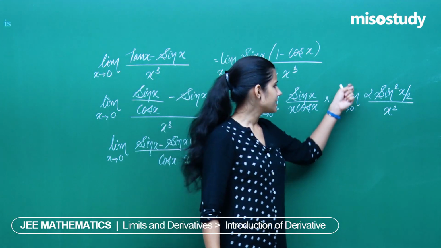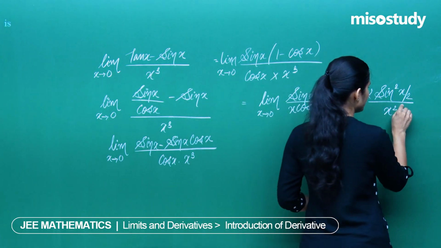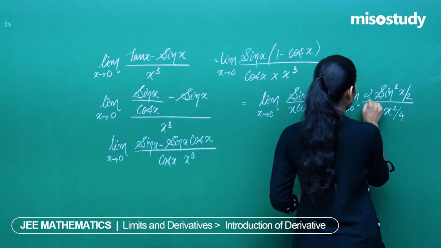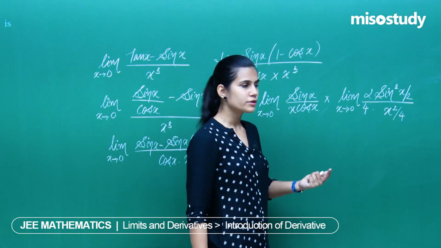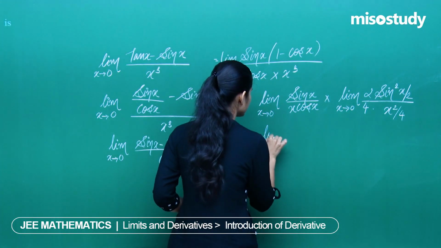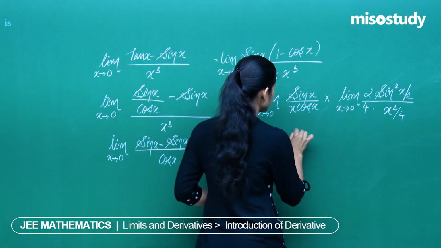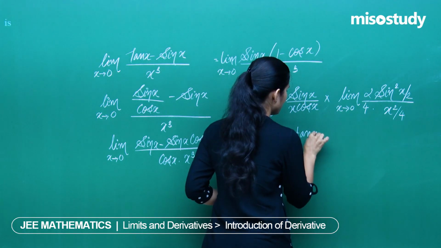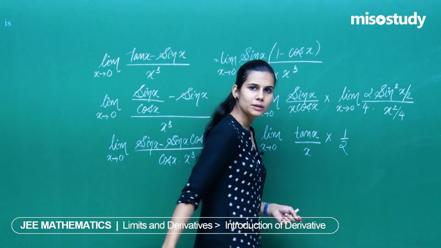Now you know that limit x tends to 0, sin x by 2 upon x by 2 is 1. I want x by 2, so I basically divide by 4 and multiply by 4, so that I get x by 2 whole square and here I have sin x by 2 whole square. So here basically this turns out to be limit x tends to 0, sin x upon cos x is tan x, by x into 2 by 4 comes out, that is 1 by 2 comes out.